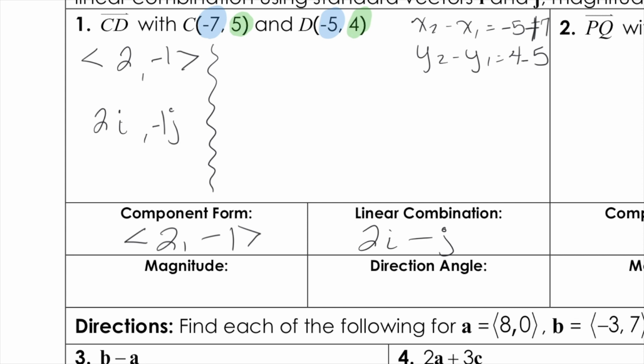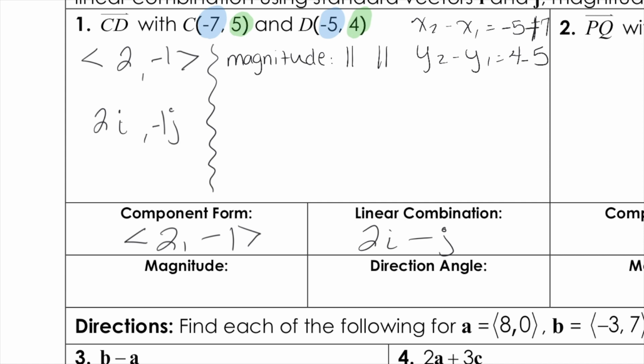And like I said, a vector is both magnitude and direction. So you've already found the direction in which these 2 points moved, or the direction to go from your initial point to your terminal point. The last thing that you have to find is magnitude, or like the strength of that move. Magnitude is represented by a double set of bars.